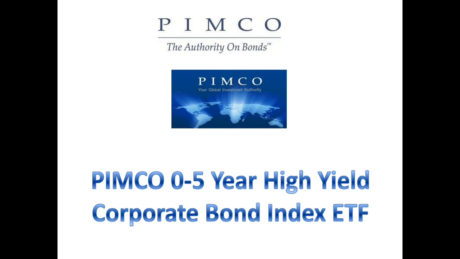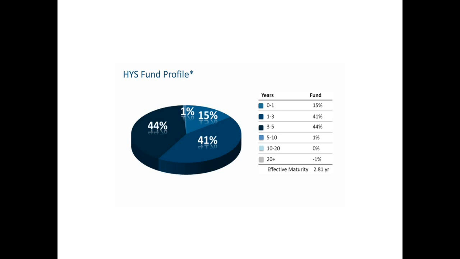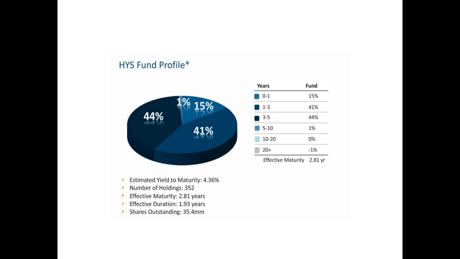Now, this particular ETF is the only ETF that is designed to capture continuous exposure to the short maturity segment of the high yield corporate bond sector. The only one.